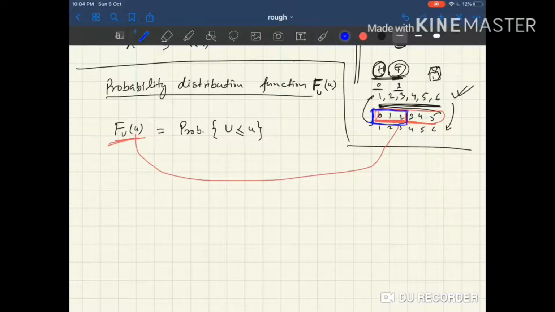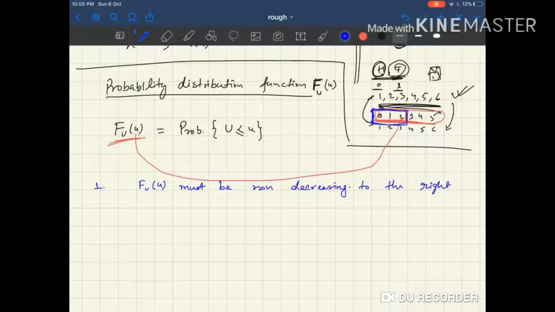Now there is an important property for this probability distribution function. They must satisfy these 3 properties. The first one is that F_U(u) must be non-decreasing to the right.